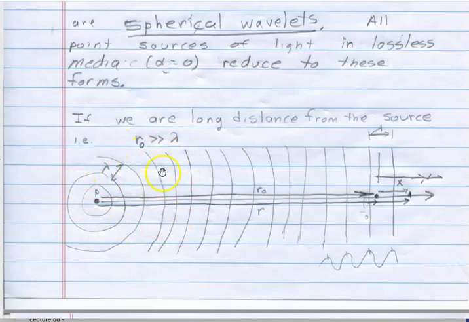Of course, I can't draw all of the spheres here. But eventually, as I get further and further away, these spheres have such a large radius that over the scale that we would measure things, these spherical surfaces are all separated by a wavelength. Remember, we're looking at the peaks here, so the distance between any two of these is a wavelength, so they should all be equally spaced.